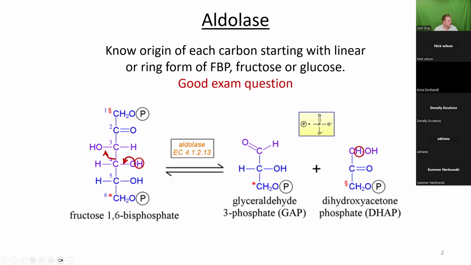Aldolase is an enzyme. And just so you guys know, I'll show you some mechanisms, but for the most part, moving forward, you're going to hold on to your mechanisms until 4385. So aldolase is an enzyme that's going to take fructose 1,6-bisphosphate, which here is fructose 1,6-bisphosphate in its linear form.